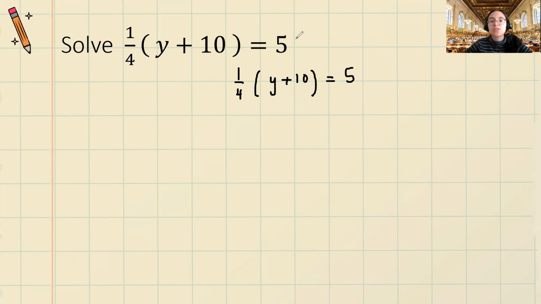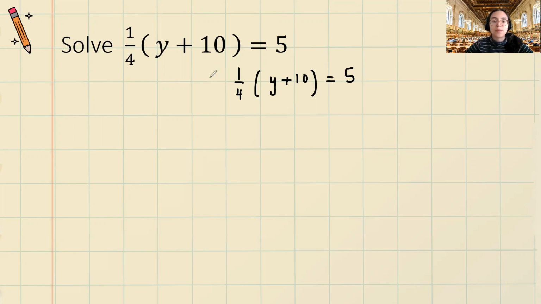Because if I distribute this, I'm going to have 1/4 y plus 10 over 4, and I don't want that. I just want to get rid of this fraction. So I'm not going to use the distributive property. I'm just going to get rid of it by multiplying by the reciprocal.